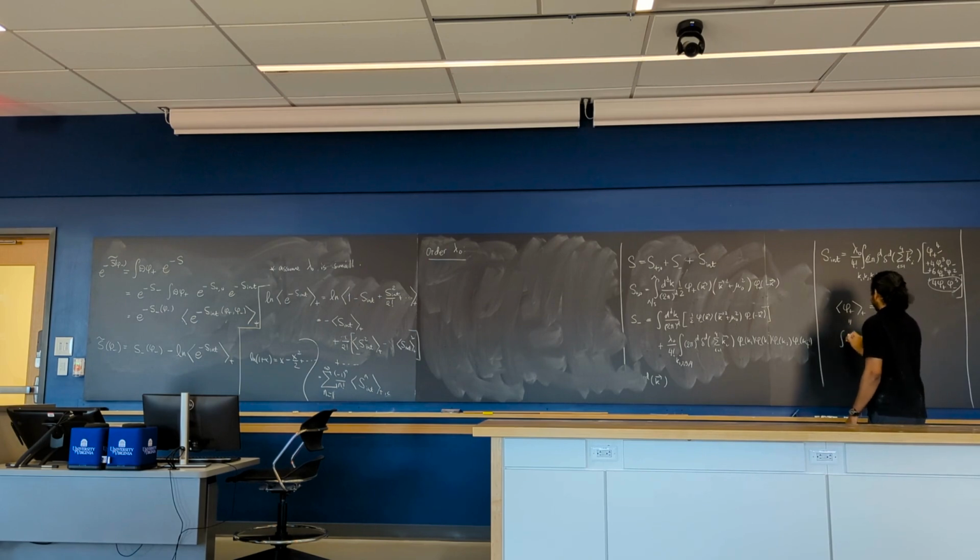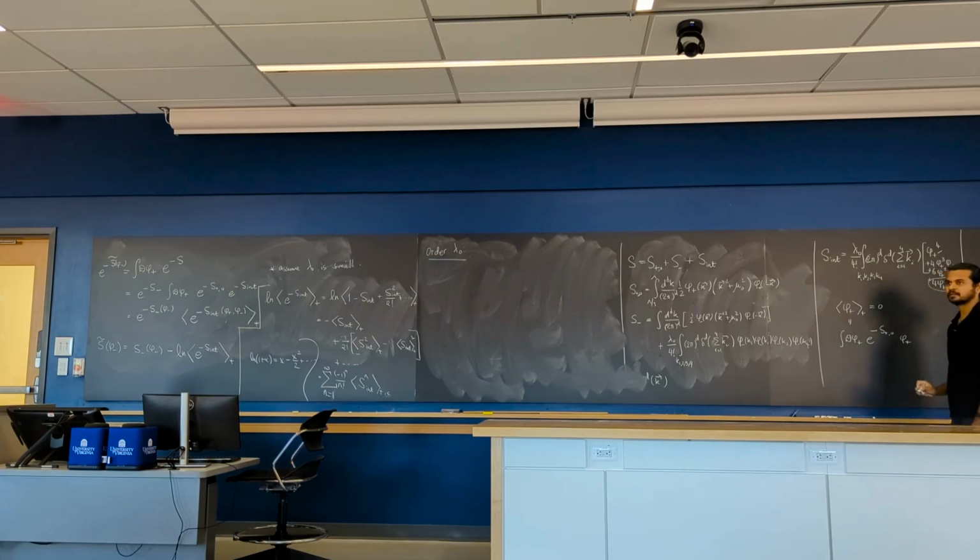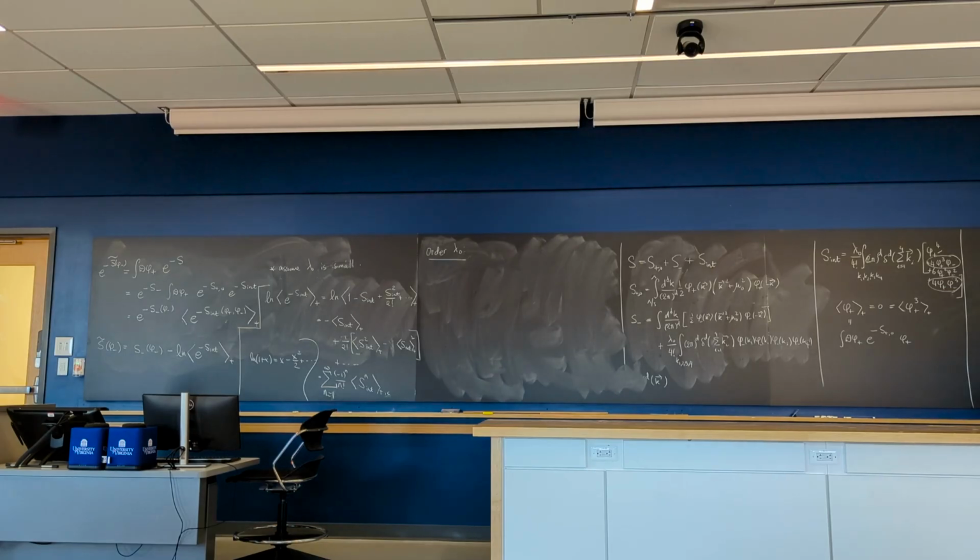This is like d phi plus e to the minus S plus 0 times phi plus. It's quadratic, so it's odd in phi plus, so this must be 0. By the same argument, this one is 0. So this term is also non-contributing. We only have this term, which we will now compute.